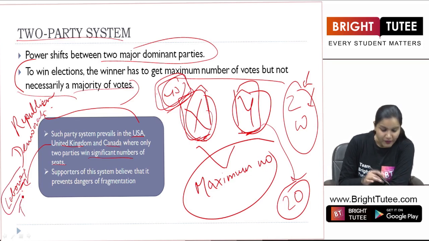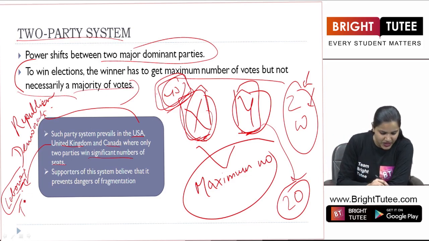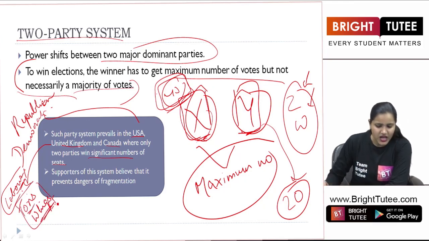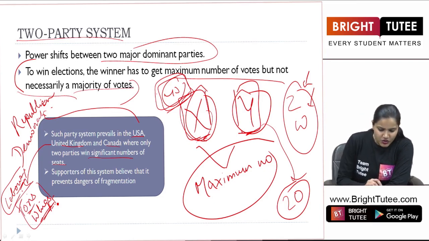When we are talking about the United Kingdom, in the 15th and 16th centuries, the oldest parties there were the Tories and the Whigs, right, students? In Canada also we have two dominant parties, and here we see that they get a significant number of votes or seats.